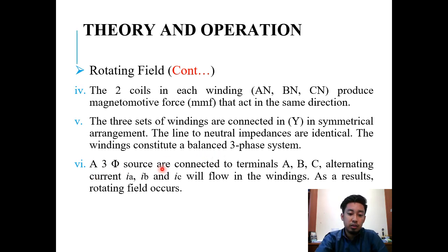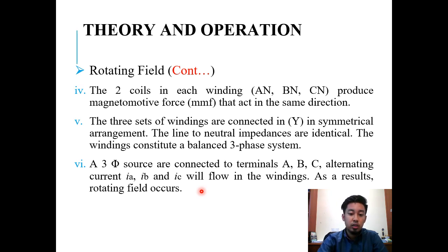A three-phase source is connected to the terminals A, B, C, as in the previous image. Alternating currents IA, IB, and IC will flow in the windings. As a result, a rotating field occurs, with the different angles 120, 240, and 360.